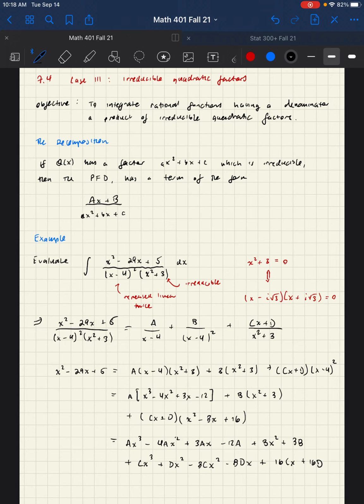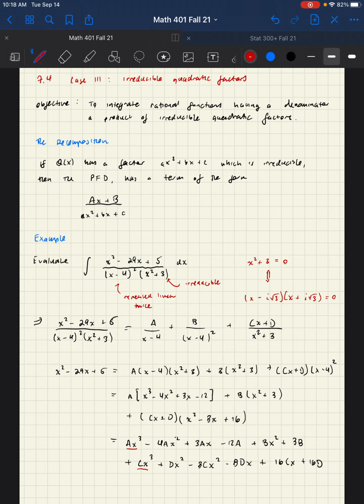Now remember that we're looking at equating coefficients, so there's no x cubed term on the left side, which means any x cubed terms are going to equal 0. So that would be this plus this.